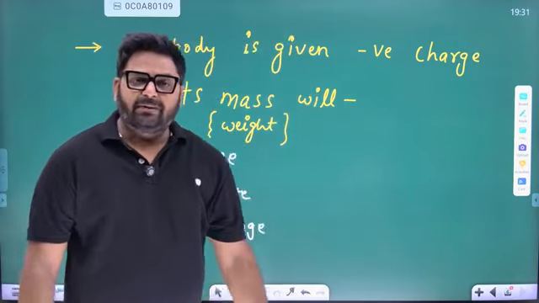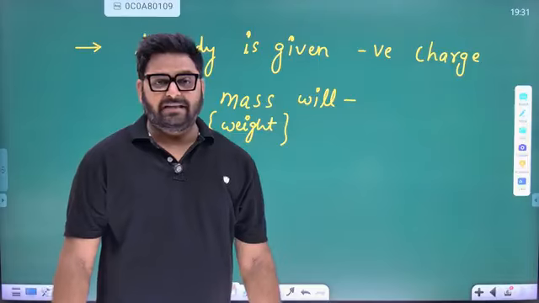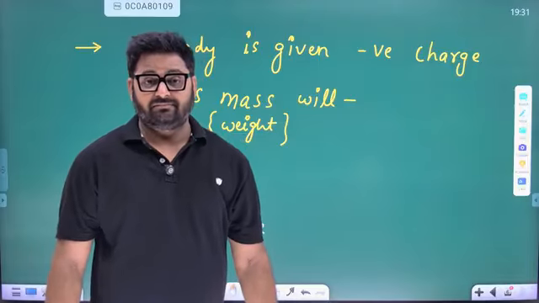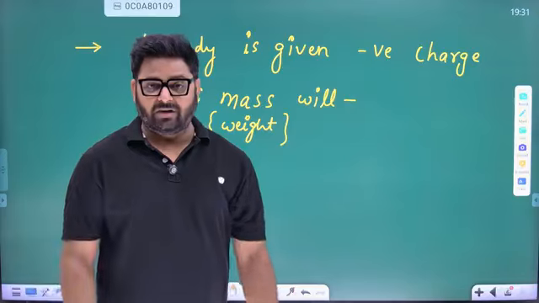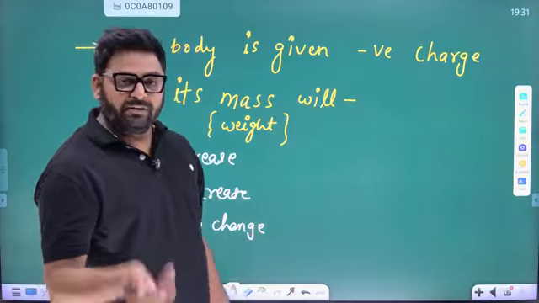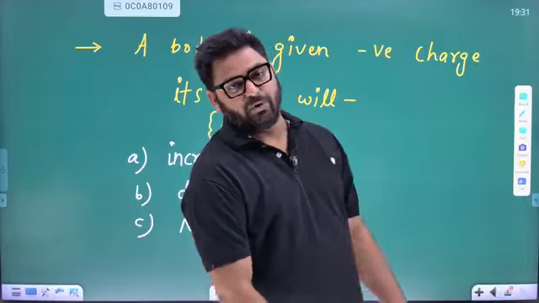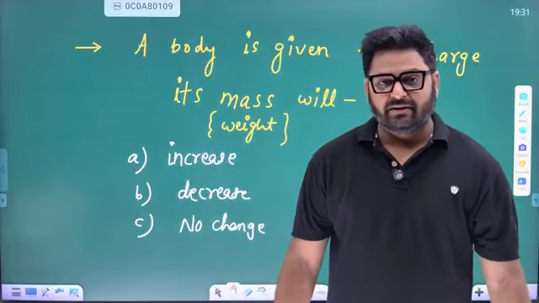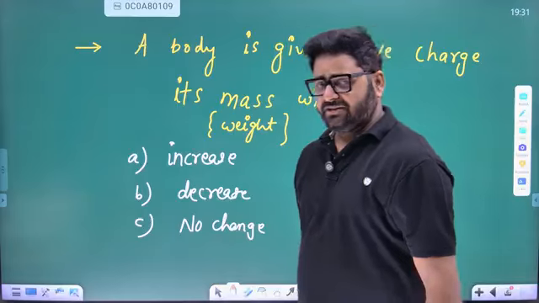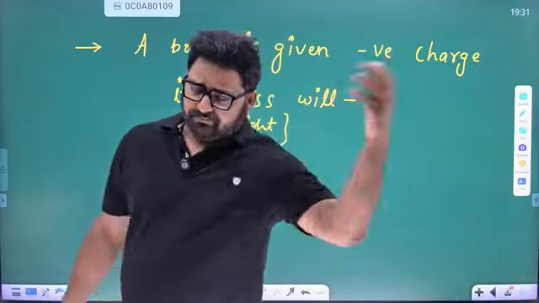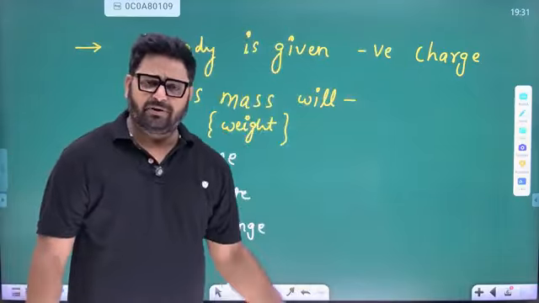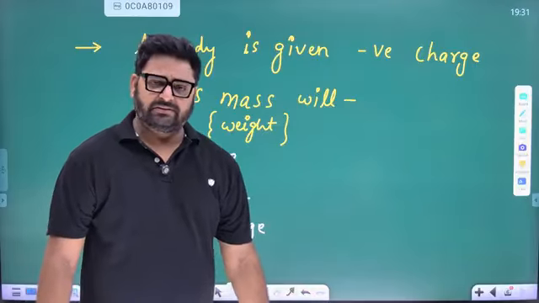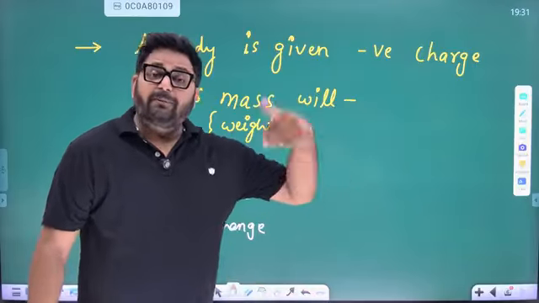To make a body negatively charged, we have to increase the number of electrons, because only if the number of electrons becomes more than the number of protons can the body acquire negative charge. So to make a body negatively charged, we will have to deposit electrons.